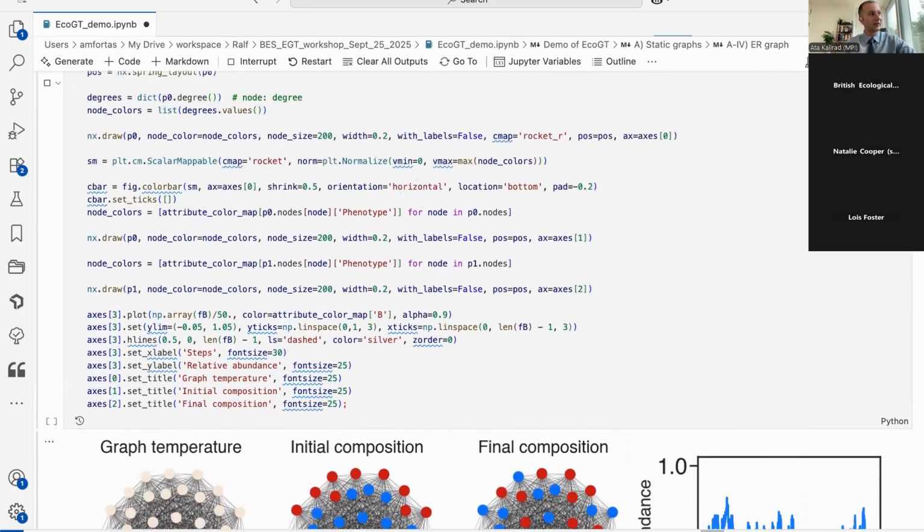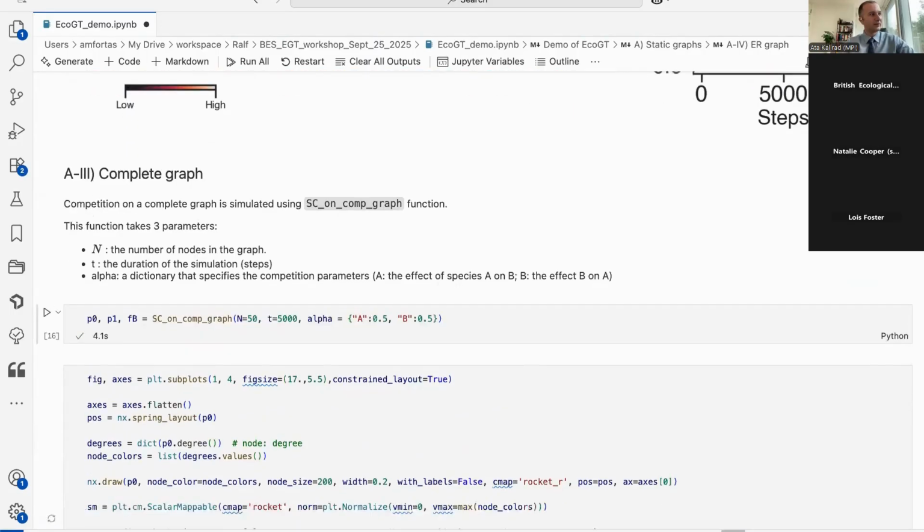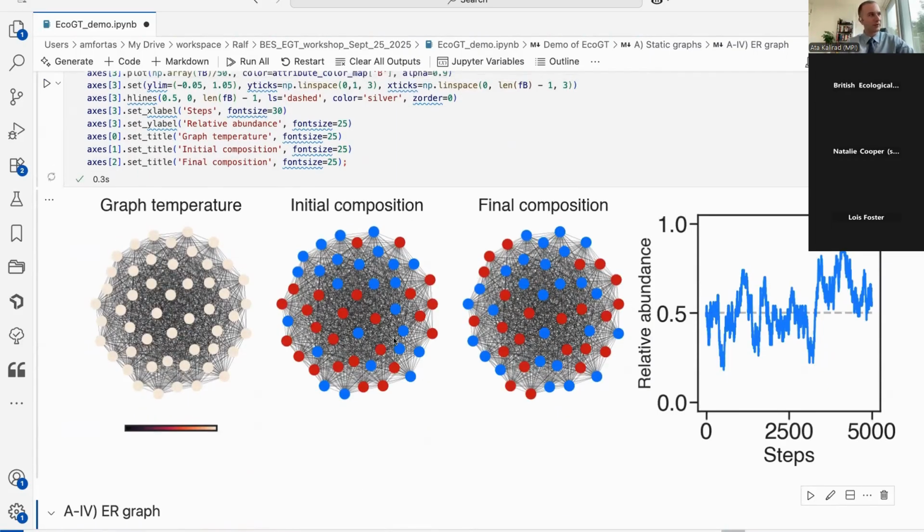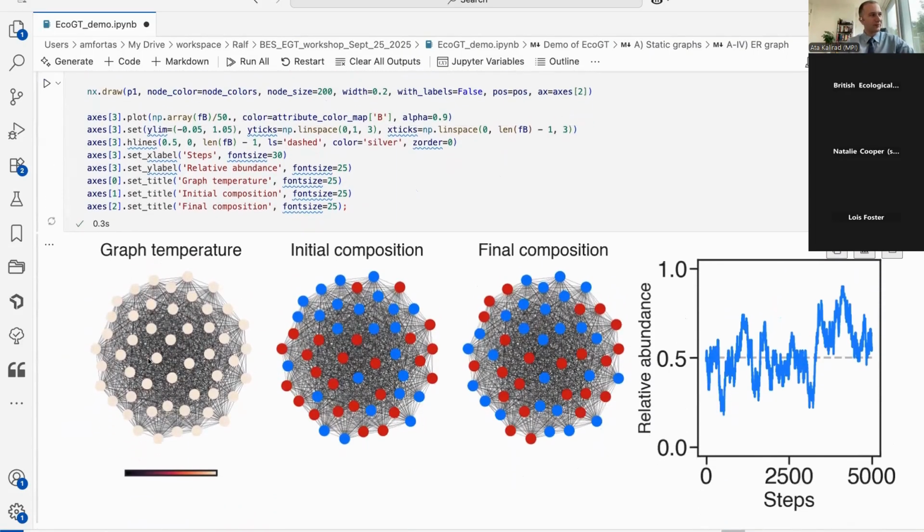The complete graph would behave basically like a Lotka-Volterra model. As you can see, in the graph temperature, everyone is very hot because every node is connected to every other node. And then this is a random initial composition and the final composition.